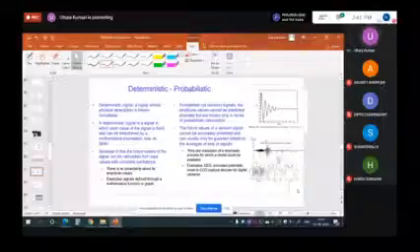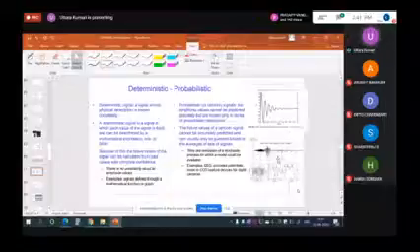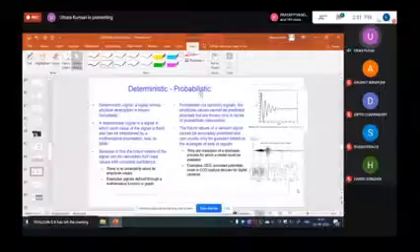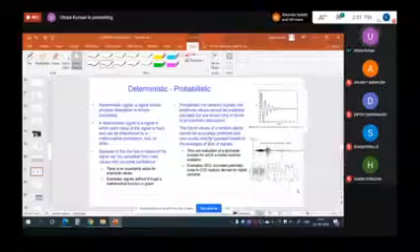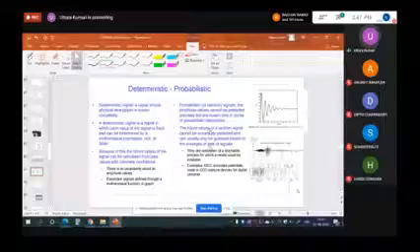So to make them deterministic, we find out the statistical characteristics, which removes some randomness and brings it to a deterministic nature.